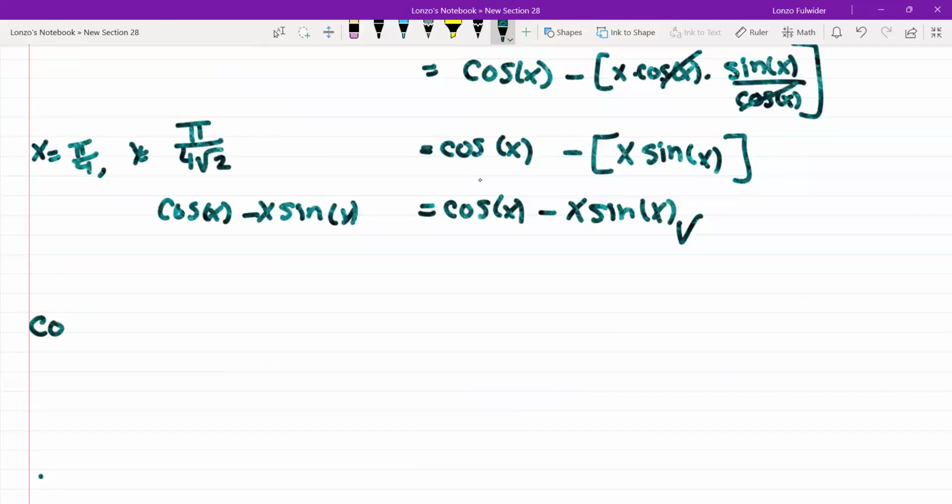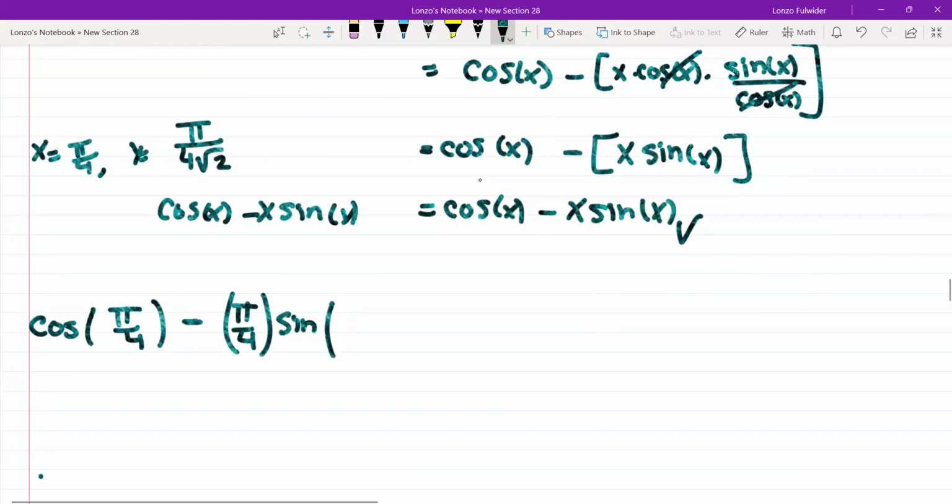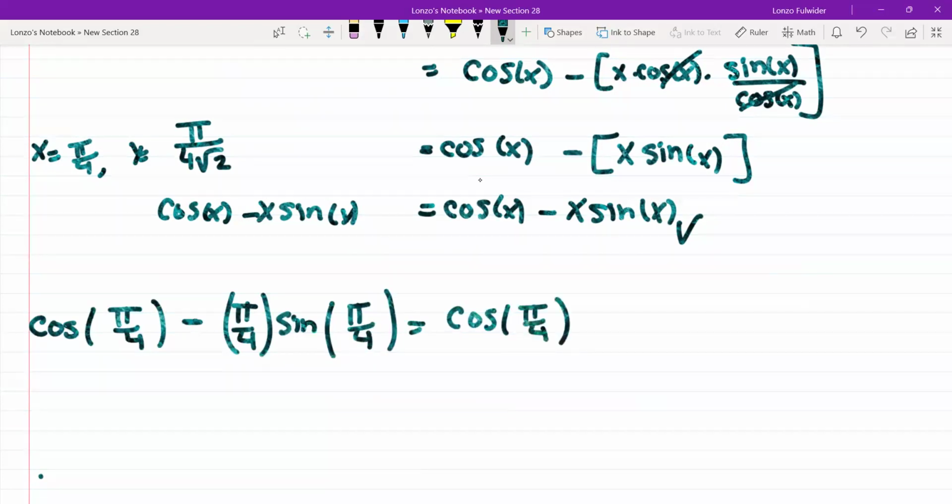So it's going to be cosine of x, which is pi over 4, minus x, which is pi over 4, times sine of x, which is pi over 4.